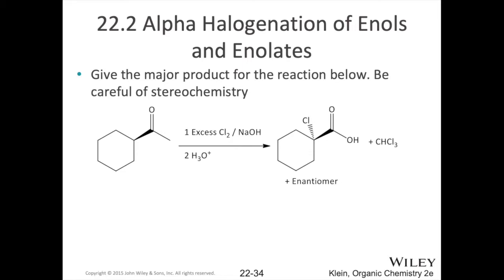Anyway, the key thing to notice is, of course, you do get chloroform as your byproduct. This methyl group has all three hydrogens swapped out for chlorines, and then it leaves as chloroform. In the process, you've hydrolyzed this into the resulting carboxylic acid. I think the part that most students would get wrong here is forgetting that there is a hydrogen on this carbon that does get replaced by a chlorine.